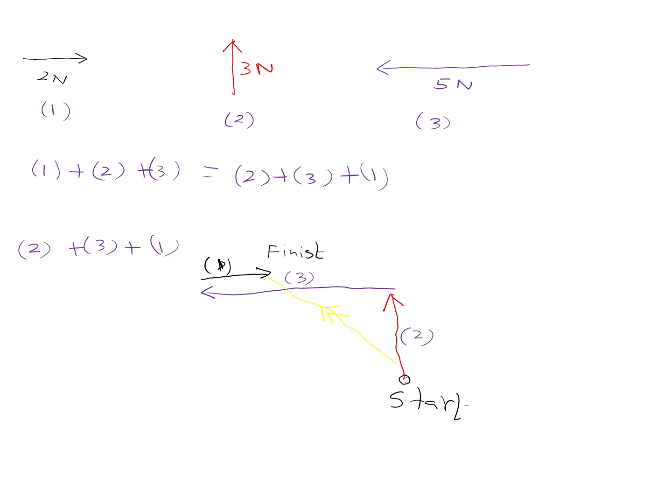I will put 2 arrows. This is the magnitude. If you draw these 3 vectors to a certain scale and measure the length of this vector R, that is the result of the addition of 2 plus 3 plus 1. You can add 1 to 2 to 3 and you still get exactly the same vector.